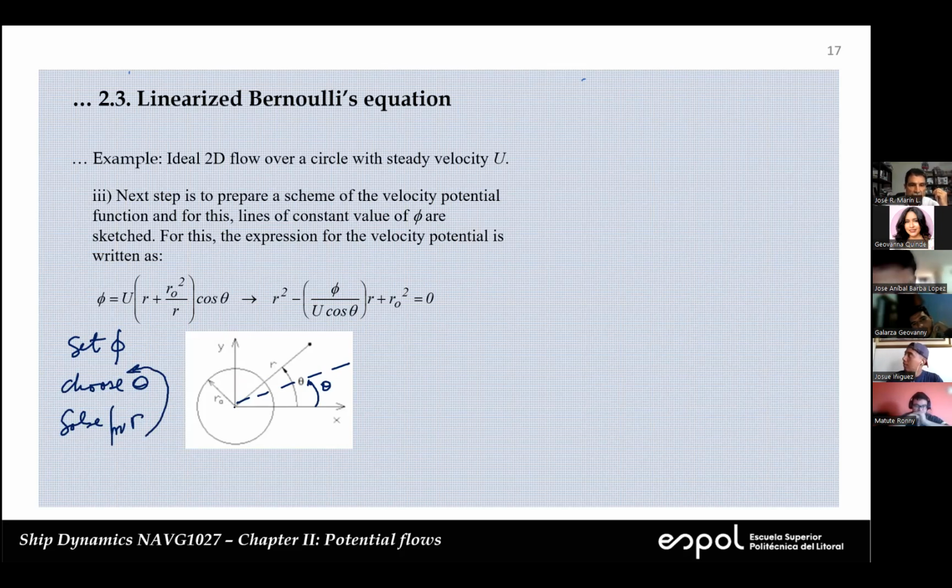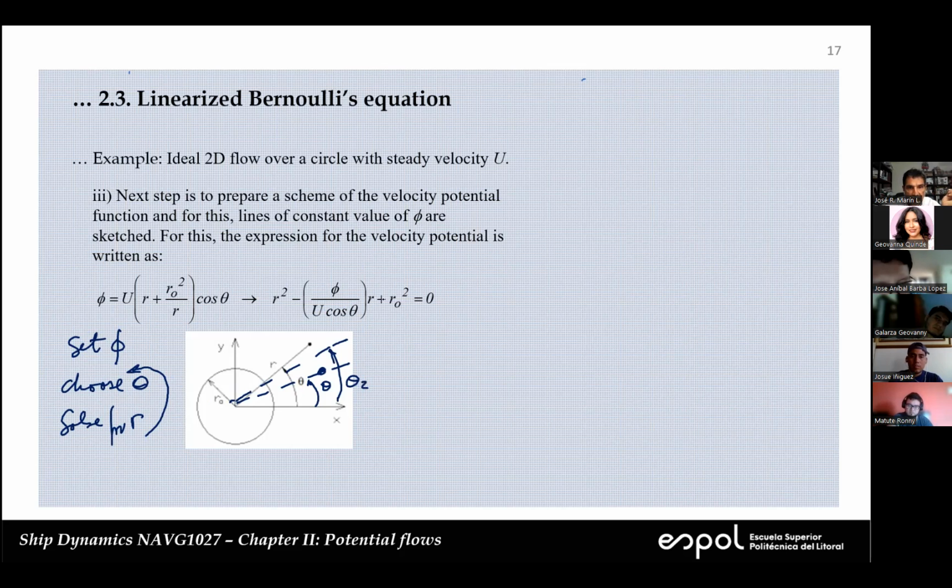So for example, I have phi fixed. I choose the theta, that one, and I solve this equation for R. So let's suppose I found this value. At this point, the function phi takes the value that I chose up here. What do I do next? I change to a different value of theta, let's call it theta 2.